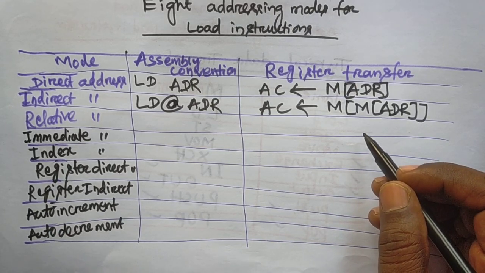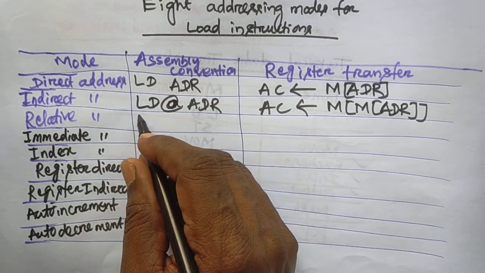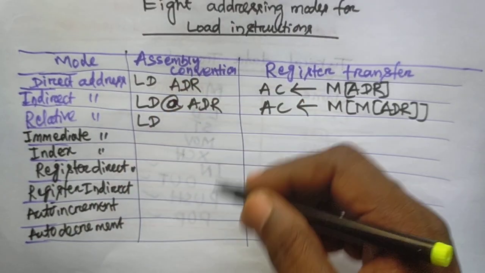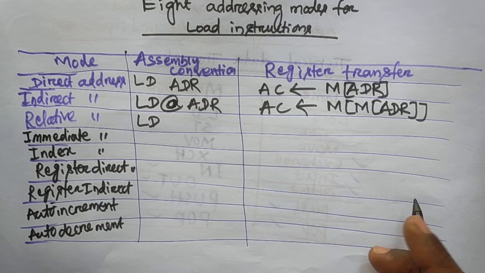Another way is relative address. If you go through relative address, then we use the load instruction, since it is a load instruction.